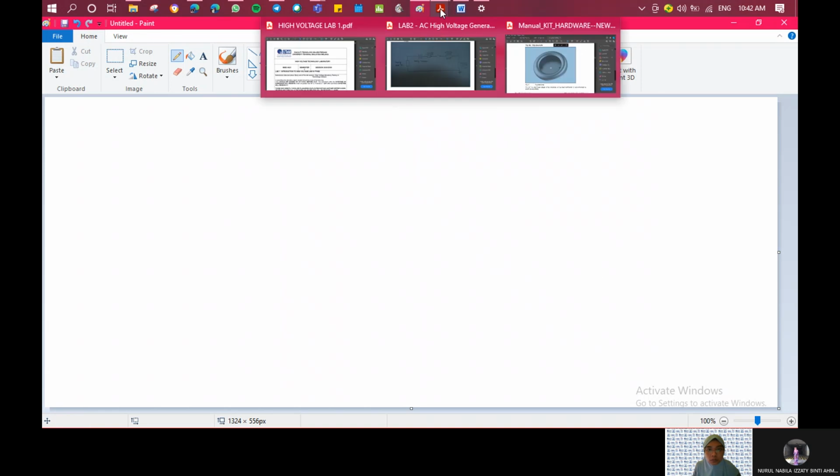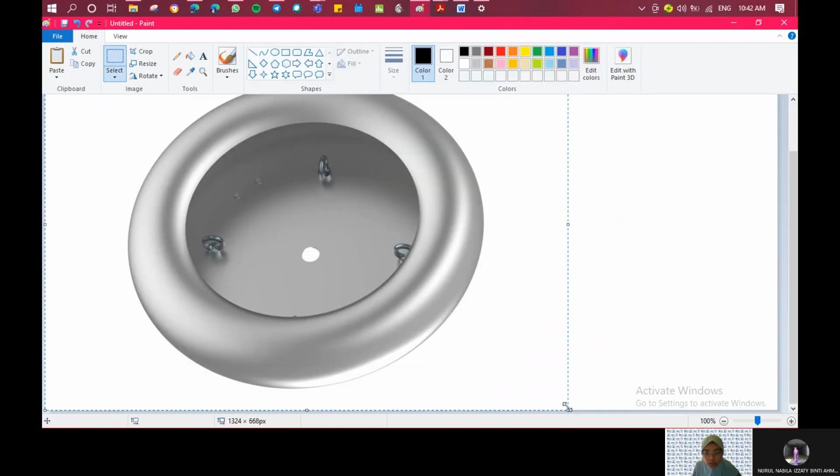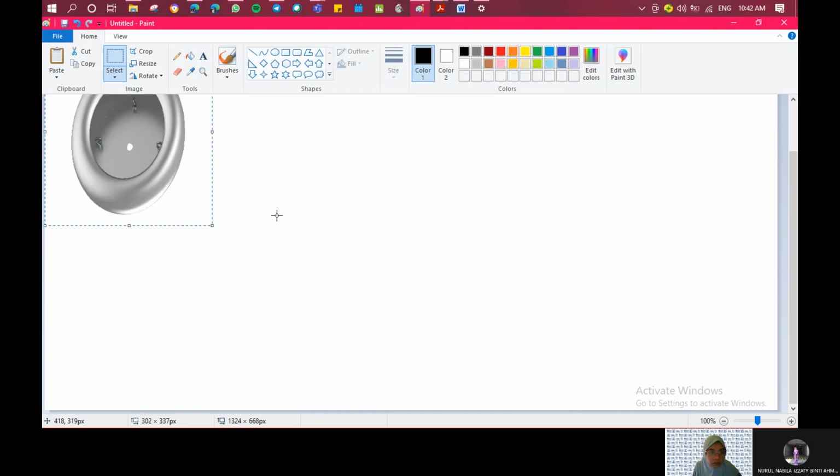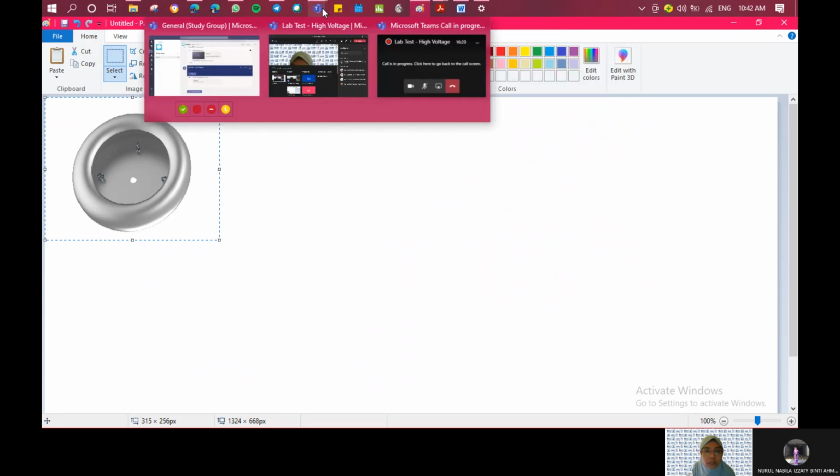We make it bigger so we can access it. You can put more things in it. So a top electrode is, let me show some pictures that I have.